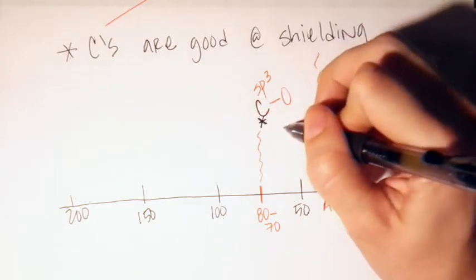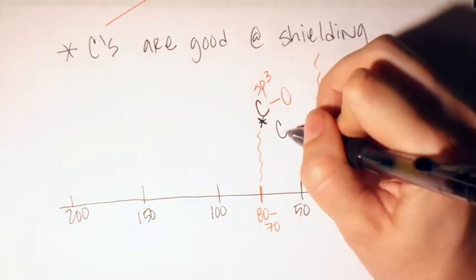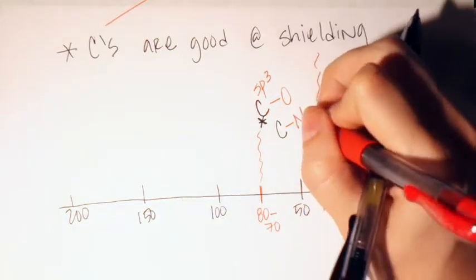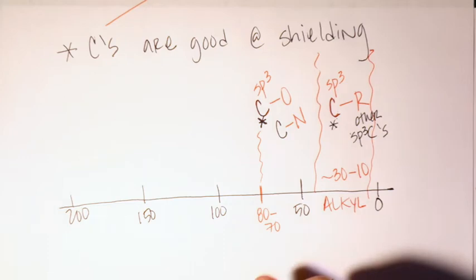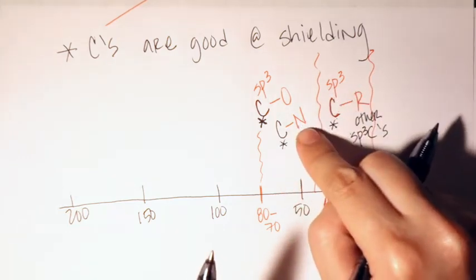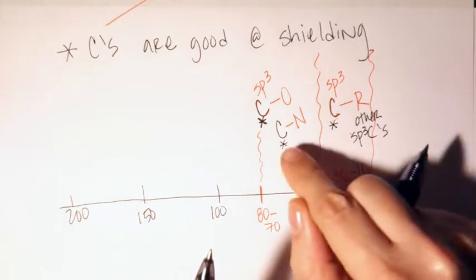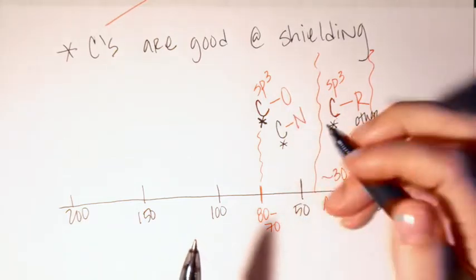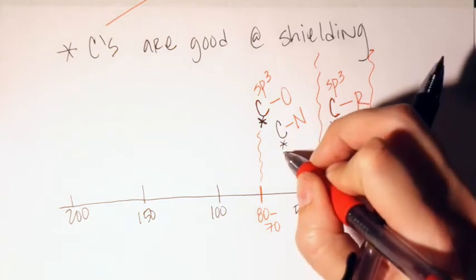So another electronegative atom, right? Nitrogen is another one that could show up here. Those are two common ones you'll see in your structures. Nitrogen is a little bit less electronegative than oxygen, so it's going to be less de-shielding than oxygen. It's still going to be de-shielding, just not as strongly.